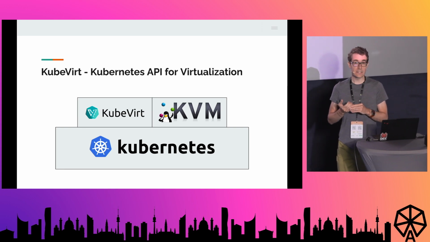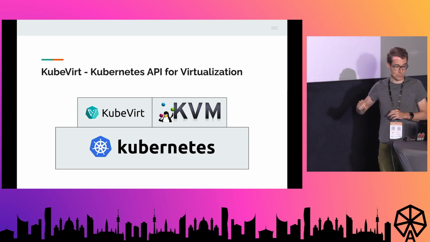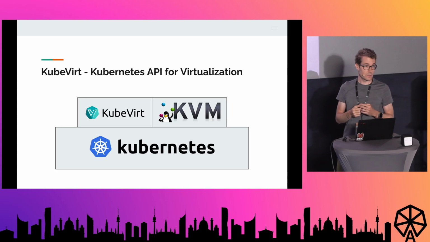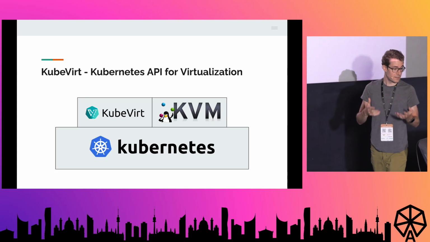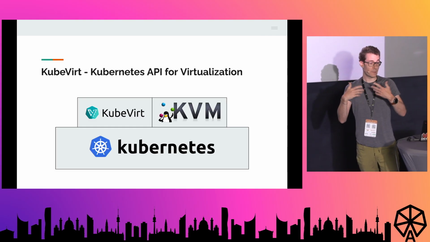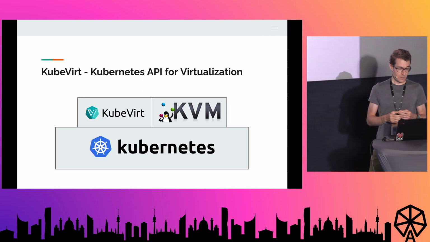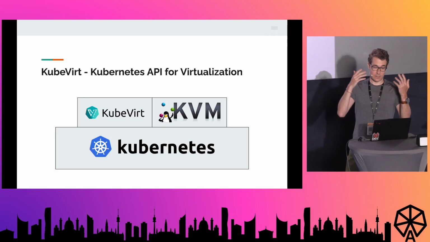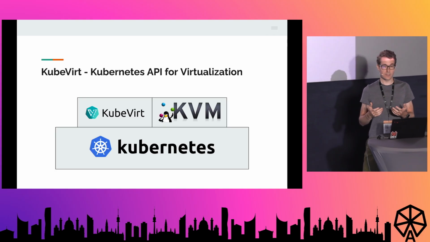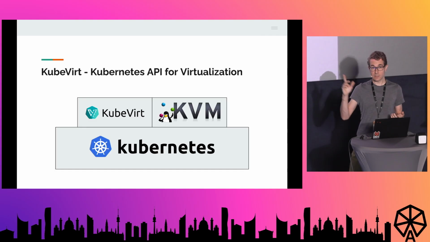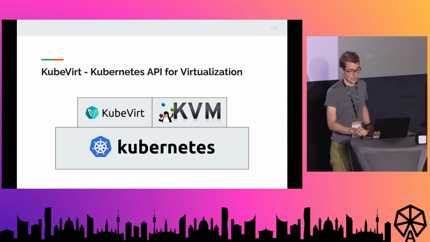We'll see all the individual technical parts afterwards. But KubeVirt allows us to run VMs with a Kubernetes API that we can use to manage our VMs. Basically, it's just an operator and a controller on Kubernetes. And then we can manage VMs by using custom resources. We'll also see that in the demo afterwards.